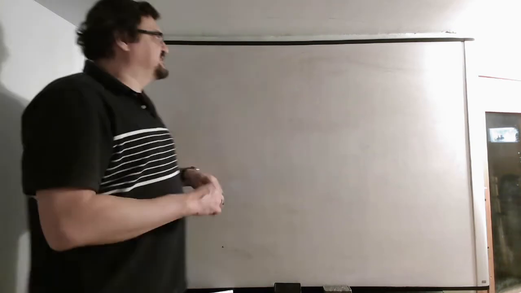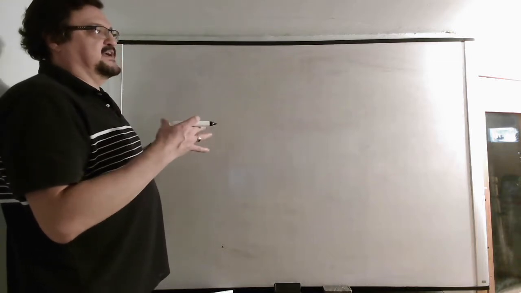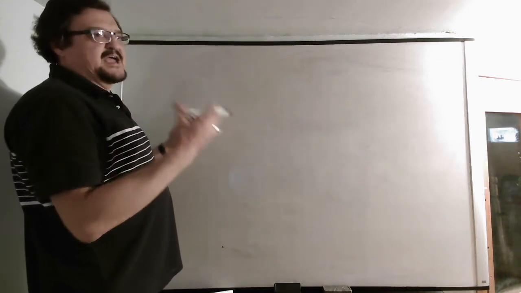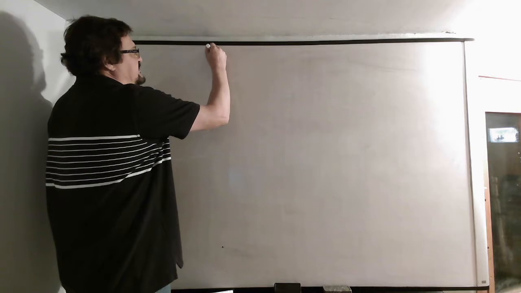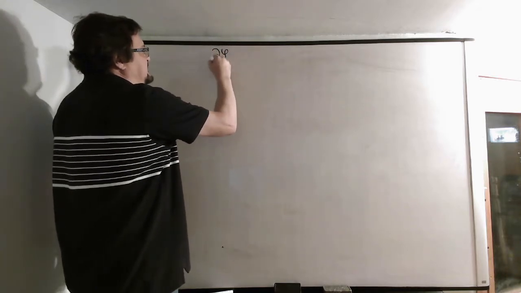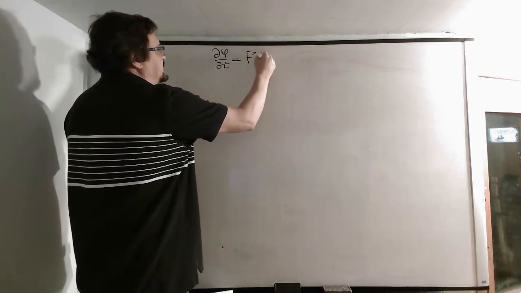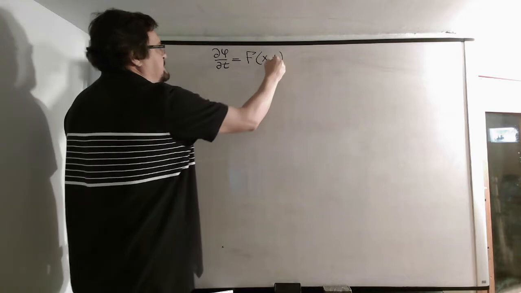So generally this is how we approach this problem. Let's consider it's only a time problem. So we have a general equation like d phi dt equals some right hand side f, which is a function of x and t.